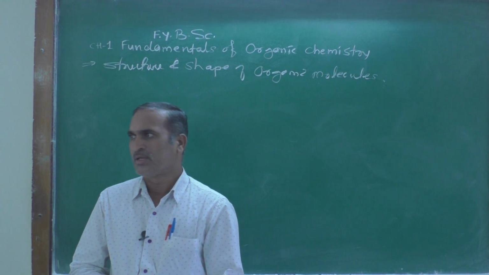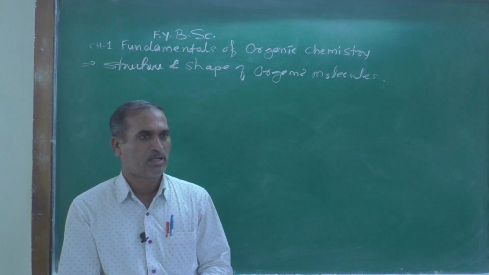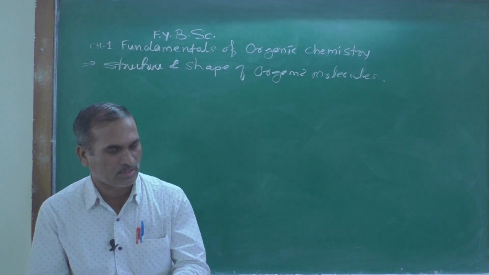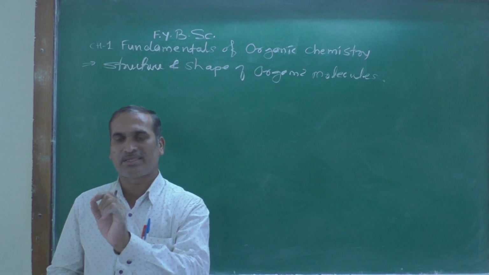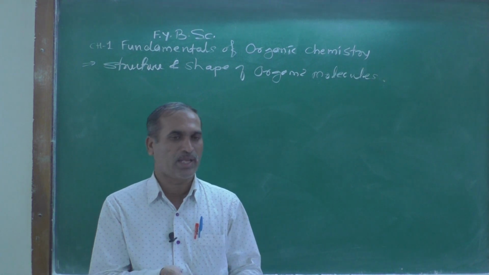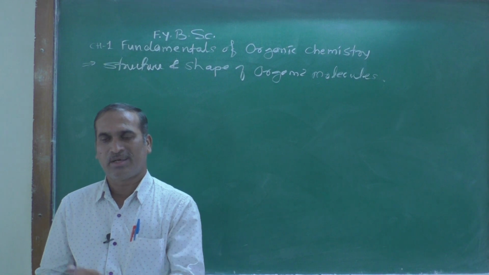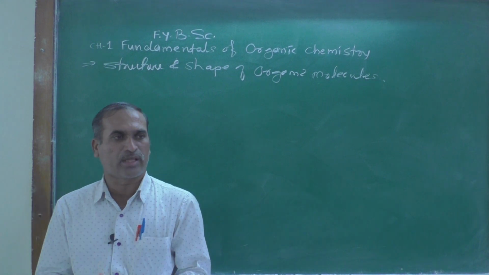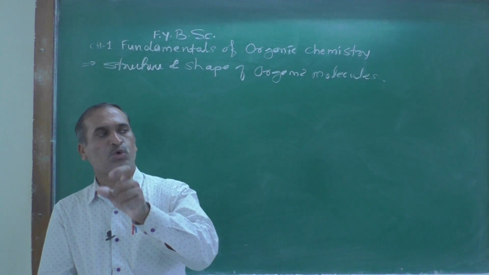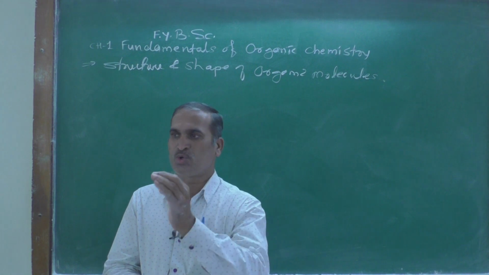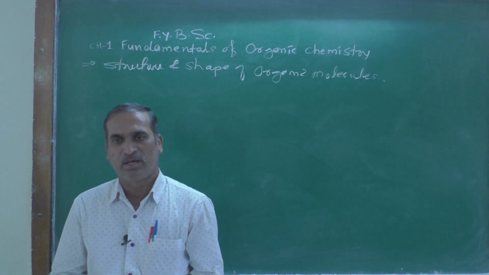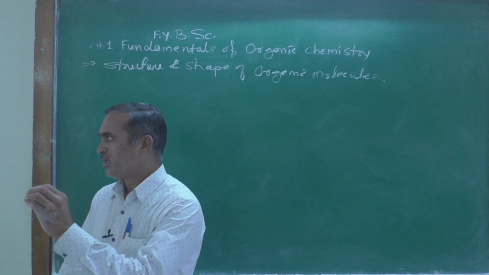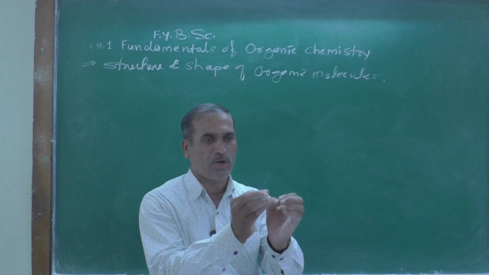There are a number of atomic orbitals, like s orbital, p orbital, d orbital, f orbital. By combining these different orbitals together, we get new atomic orbitals which are known as hybrid orbitals.